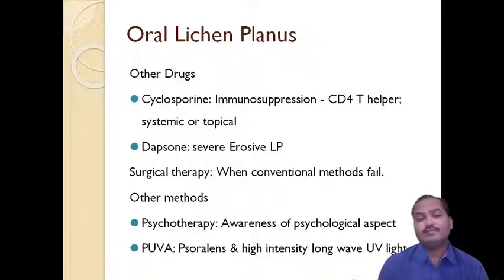Other methods which have been tried are psychotherapy, where awareness of the psychological aspect of the disease and its management by various psychomodulatory methods of behavior modification has been seen to give better results. Then PUVA therapy, or psoralen and high intensity long wave UV light therapy, has also been seen to give good results.